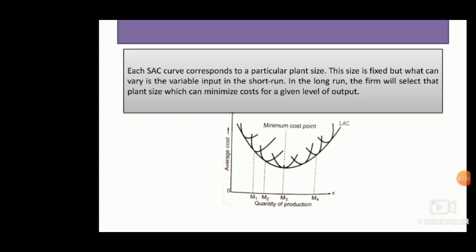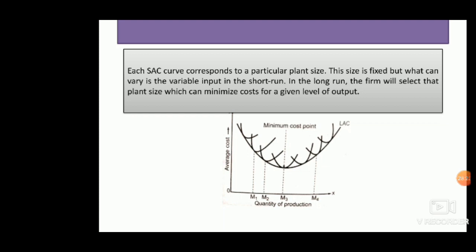To produce OM2 quantity, the firm will select SAC3 and its average cost will be BM2. To produce OM3 quantity, the firm will select SAC4 and its average cost will be CM3. To produce OM4 quantity, the firm will select SAC5.